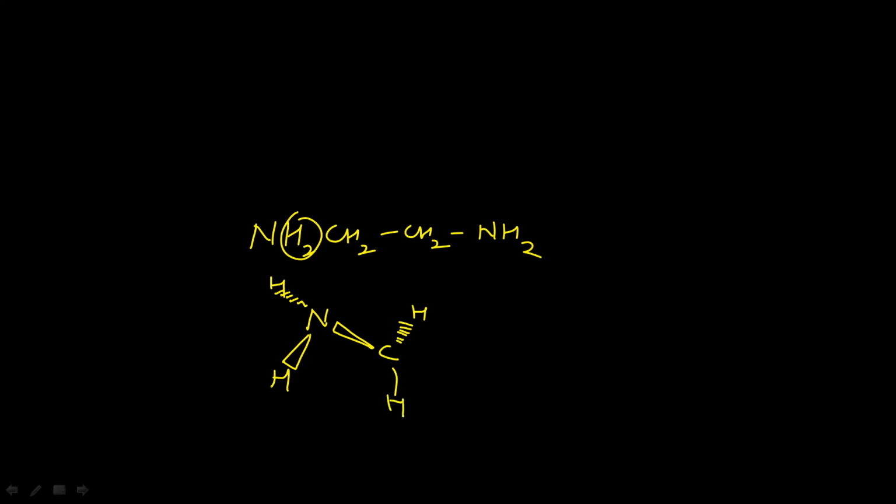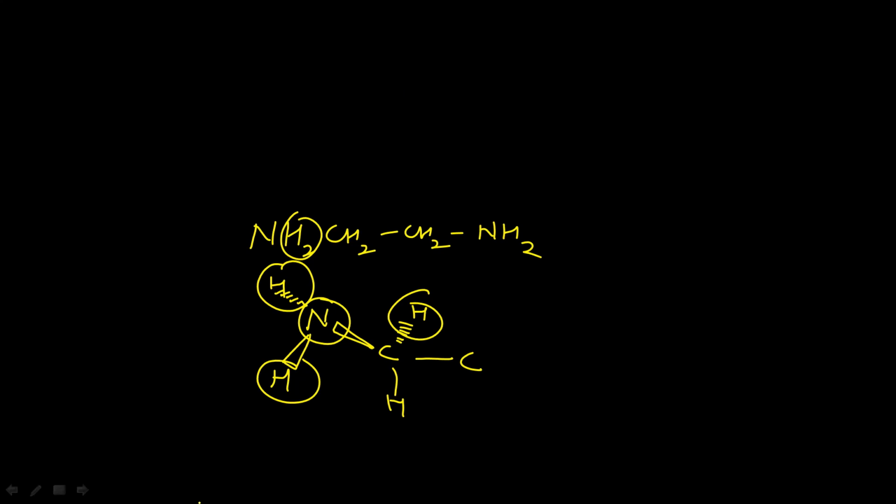Are you getting what I am saying? Yes, sir. So the placement of these hydrogens and this nitrogen are different. That's why they are not superimposable. Their internal structure is not superimposable. Getting my point? Okay, sir. So they are internally arranged in different manners.